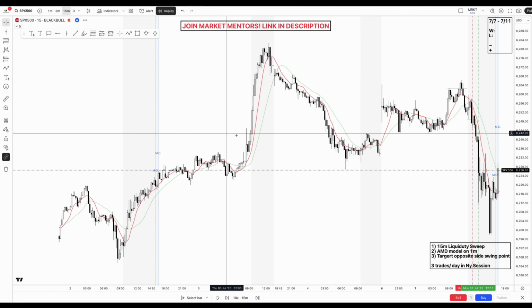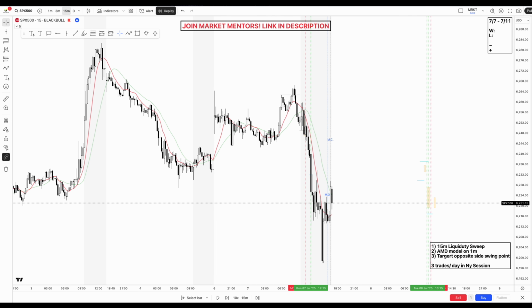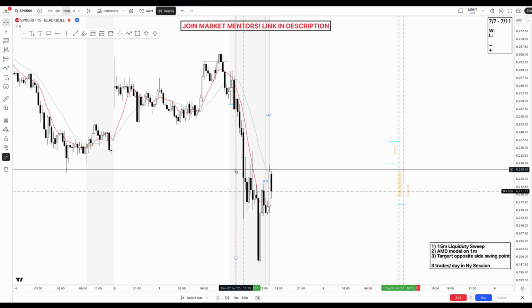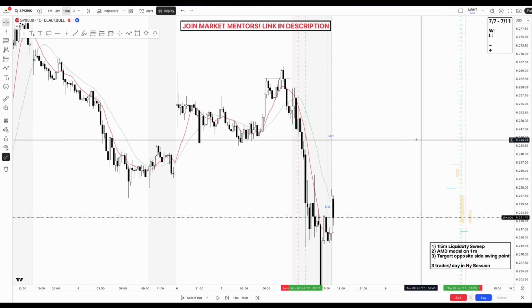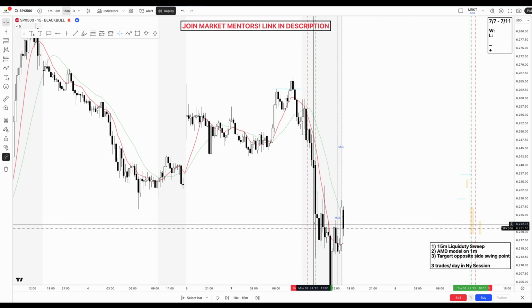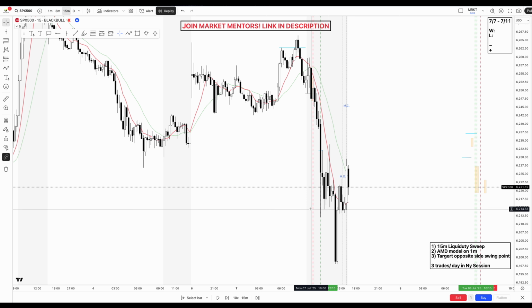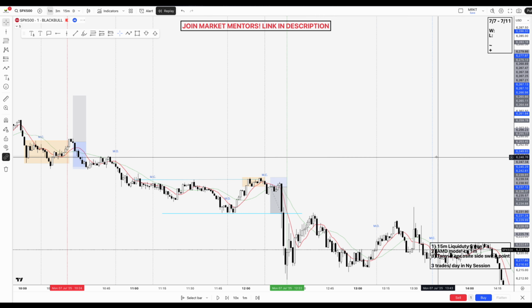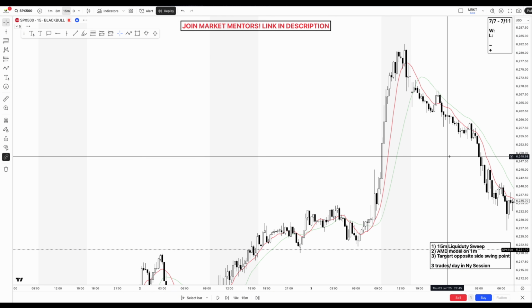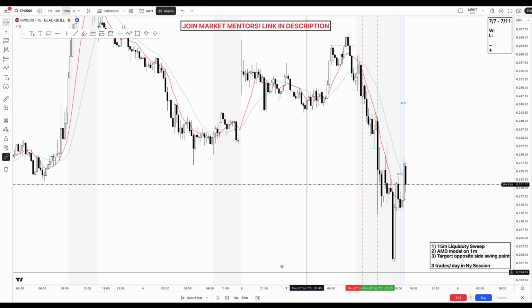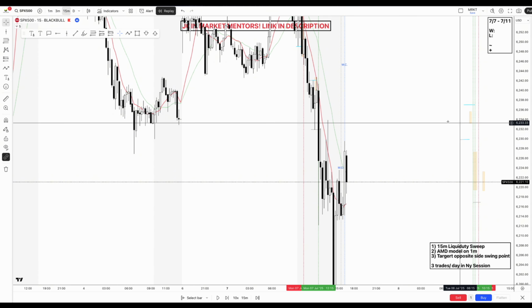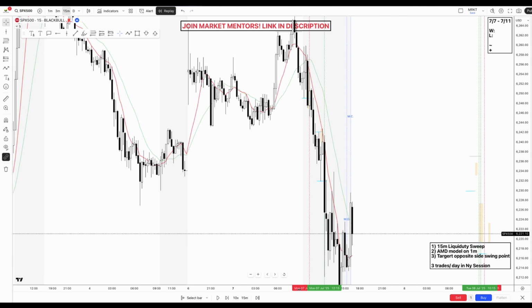And we can pause it. We see more liquidity forming. This liquidity here was the one that was swept. This swing point here is really micro minor.